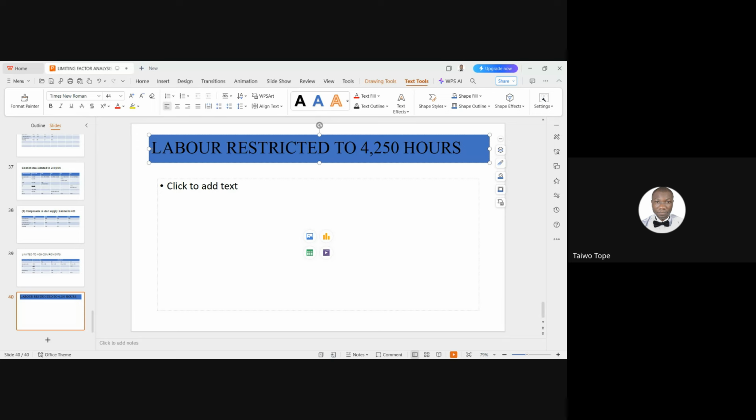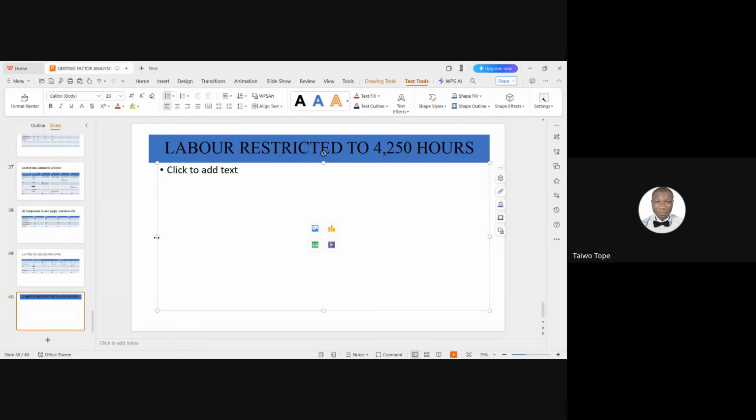When I was writing, I used to try to make myself happy. When you are writing this exam, don't be angry with people, because when you are angry with people around you, the rate of assimilation will be low. So forget about anything around you and be happy. It enhances your understanding. But when you are angry, for you to read and understand sometimes will be difficult. So just try and make yourself happy.